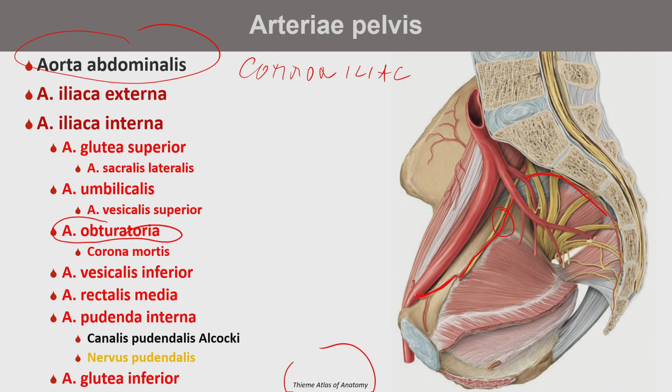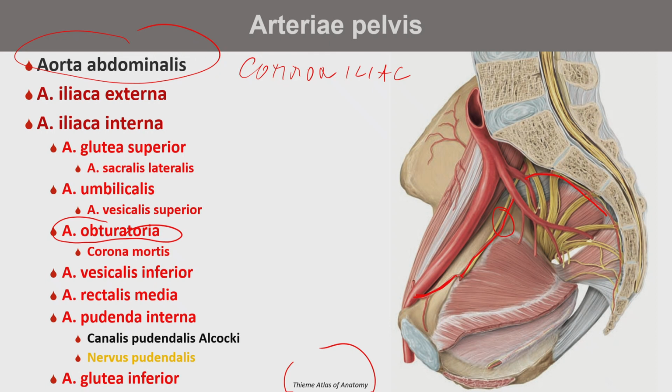Why? Because in the past, in surgeries, in the 90s and before, in previous centuries, surgeons had a very important problem ligating this artery because they had no sophisticated instruments. And during surgery for appendicitis, there is a risk of injuring this artery.